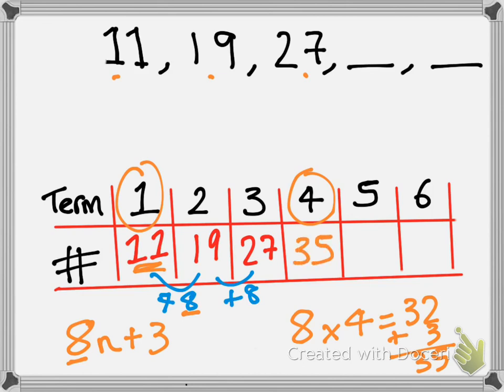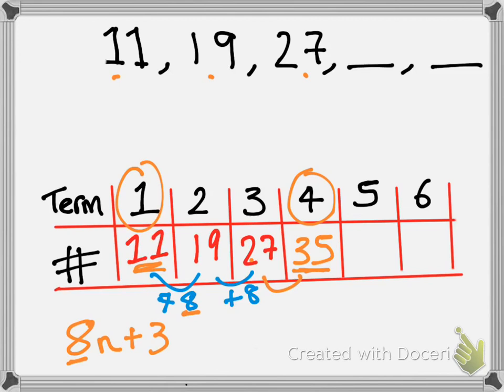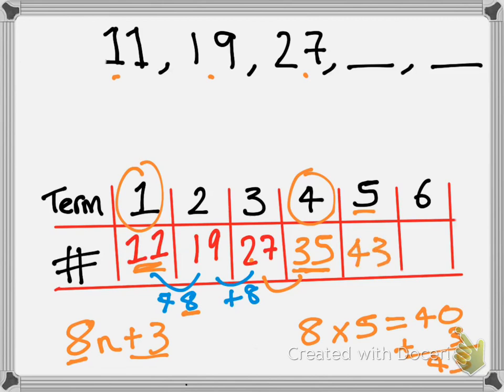And I can check this. Is 27 add 8 35? Yes, it is. Now I can go on to the next one. So 8 times 5 equals 40. Add 3, 43. Is 35 add 8 43? Yes, it is.